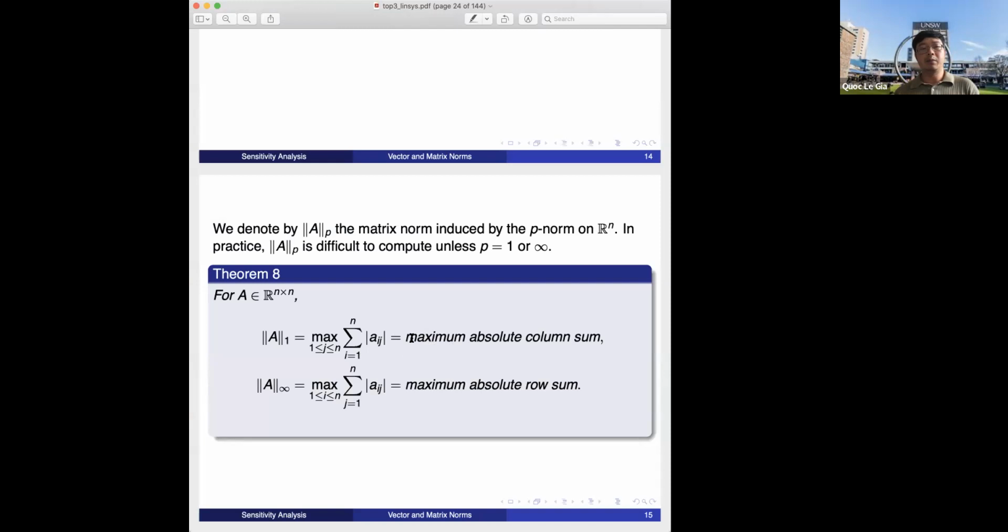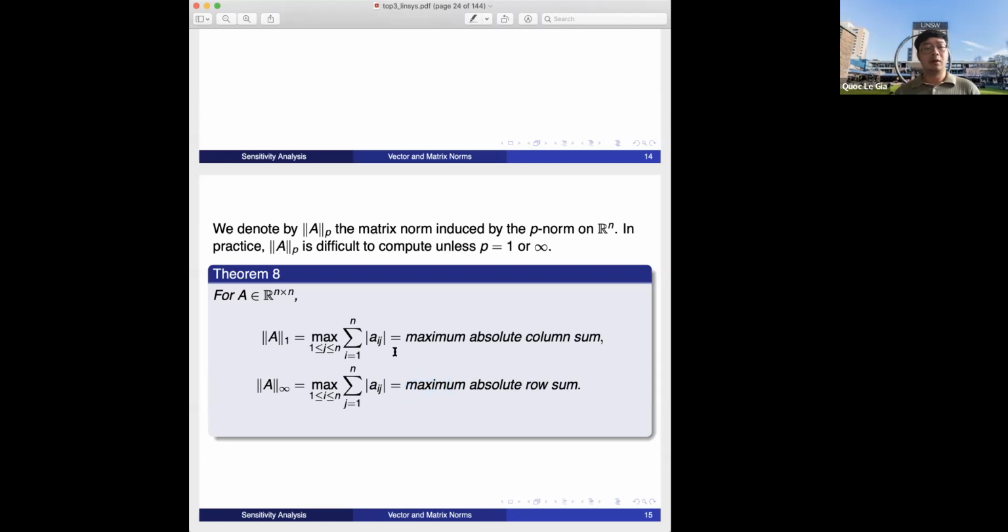The one norm of a matrix can be computed by the max of the column sums in absolute values. And by the same method, you can show that the infinity norm of a matrix is the maximum of the row sums in absolute values.